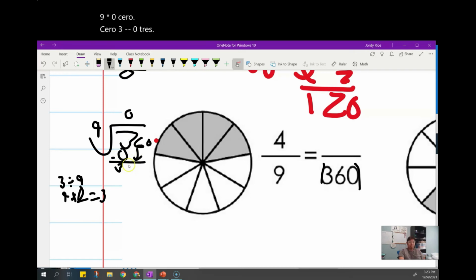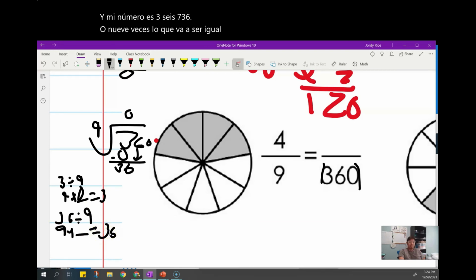And my new number is 36, so then 36 divided by 9, or 9 times what is going to equal 36? Which is 4. So 9 times 4 is 36.